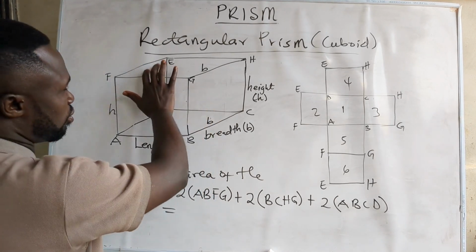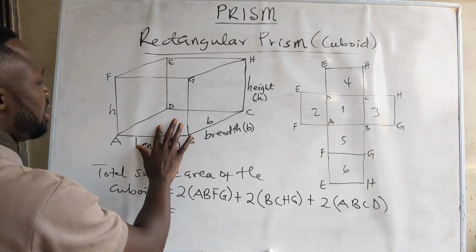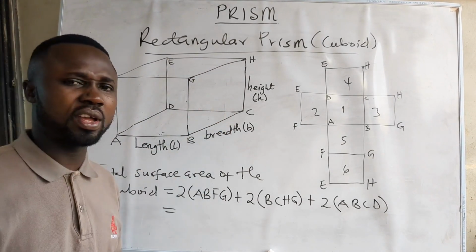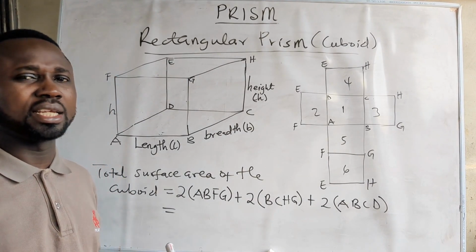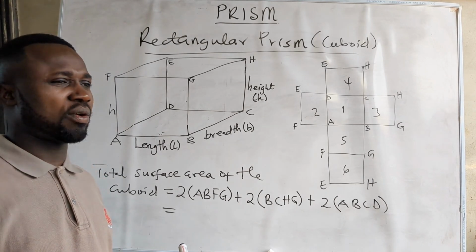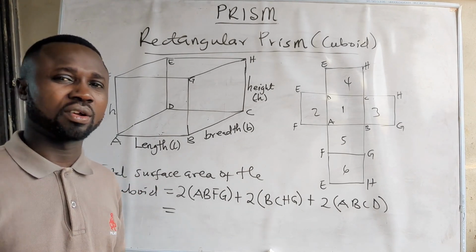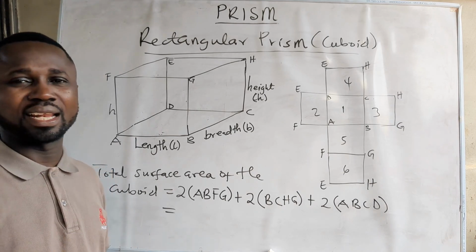It means that you exclude the top. A typical example is a rectangular tank that they put water in and the top is not there, the top is open. That would be a typical example of what the masons use at the construction site for building. They put water in a rectangular tank and the top is open.